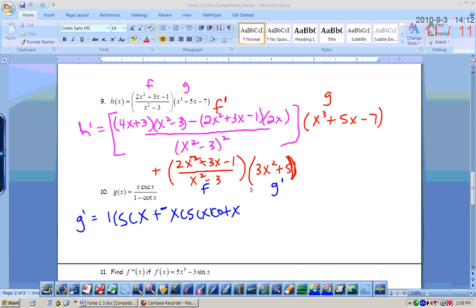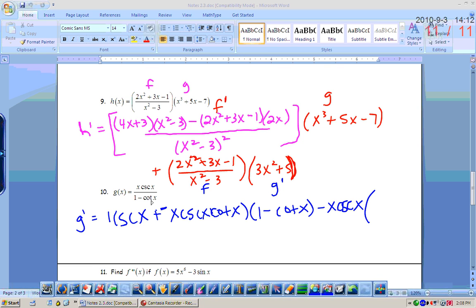If I have a product and I have a negative that's kind of towards the end, I really like to bring those negatives to the front because they tend to get lost if you don't do that. Okay, so there's the derivative of the top times the bottom minus the top times the derivative of the bottom.